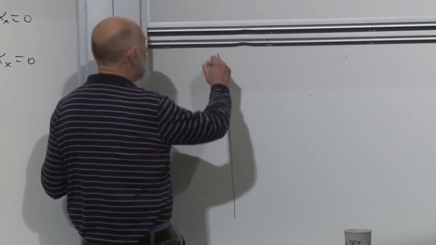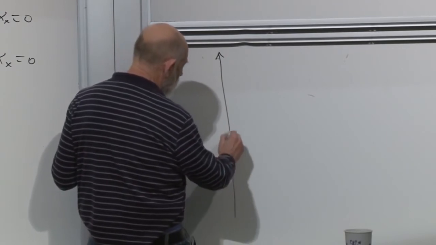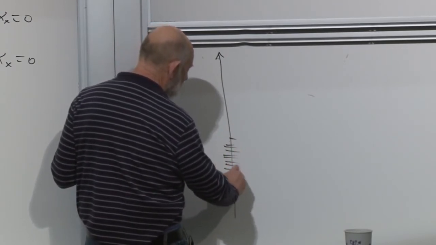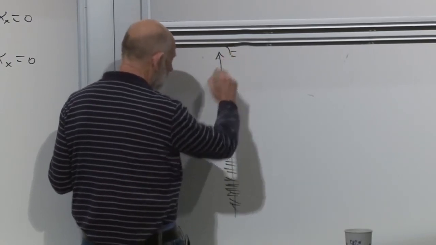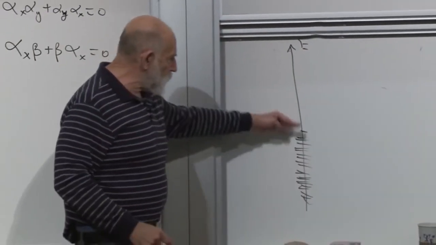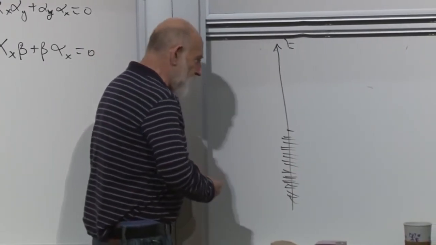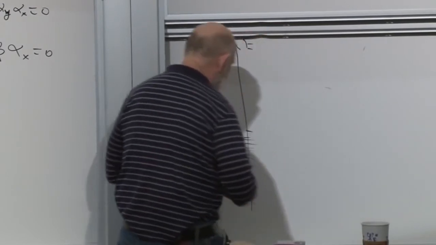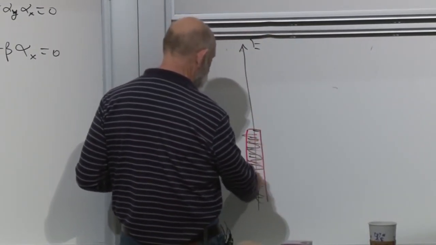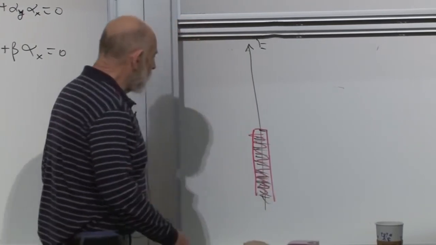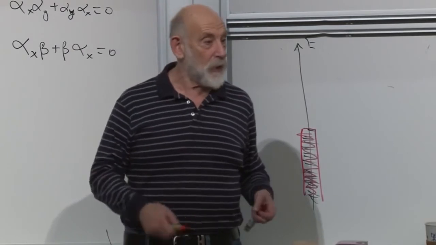Here are the energies. Here are all the negative energy levels, lots of them. And what Dirac said is fill these all up, put a particle in every one so it becomes a sort of monolithic thing which you can't put any more particles into. And that way you stabilize the vacuum against more negative energy particles.